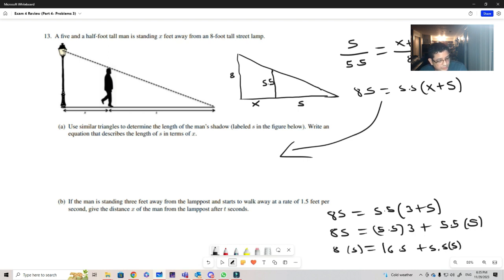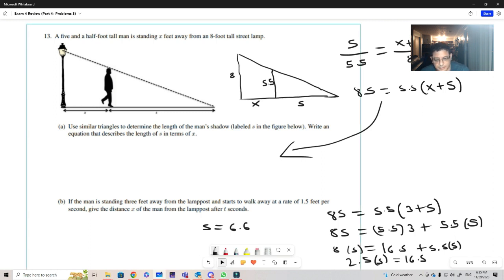And so solving here, we get that 2.5S equals 16.5. And that's going to imply that S is going to be 6.6. Okay. So the measure of the shadow here will be 6.6 feet.